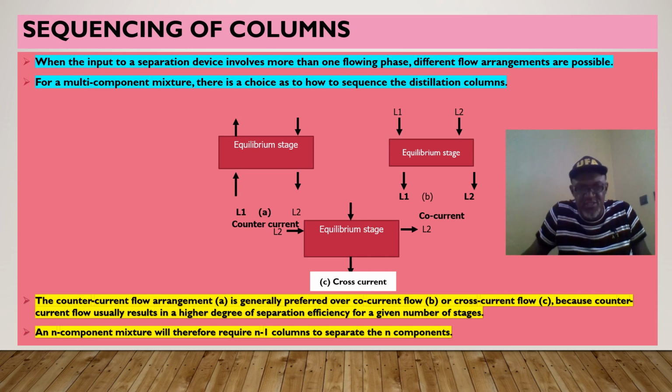That's why we call it cross current. The counter-current flow arrangement, which is A, is generally preferred over co-current, that is B, or cross-current flow.